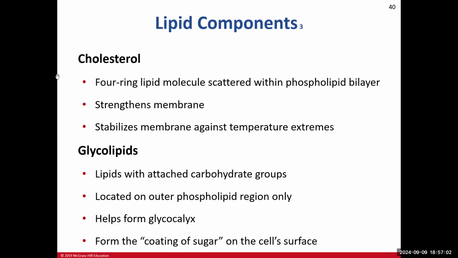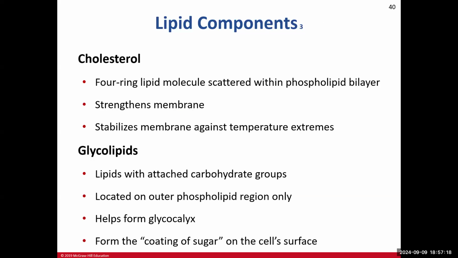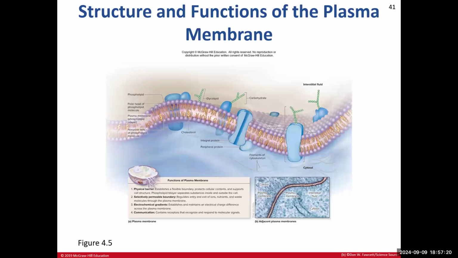It's the phospholipid bilayer membrane. That basically means you just have two layers of phospholipids, but they go tail to tail. So the heads are pointing out and the tails are pointing in. Can we all agree on that? Do you understand what I'm saying? All right, the heads are facing out, the tails are facing in.